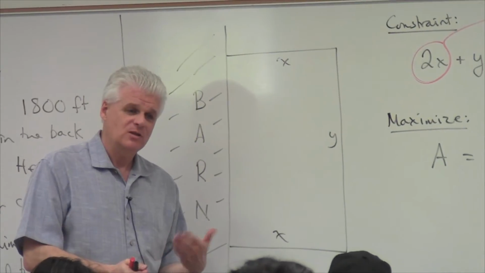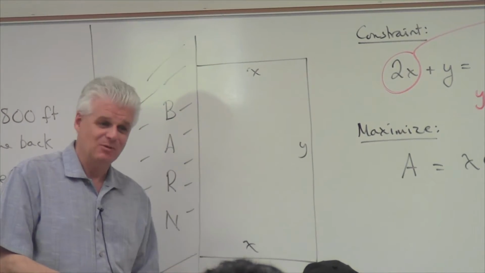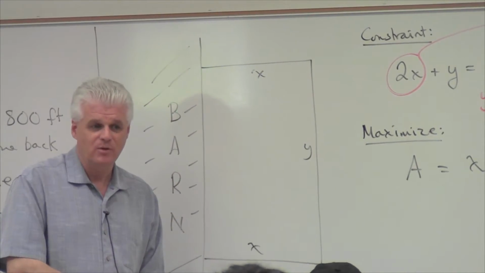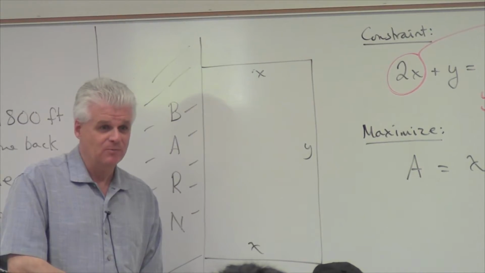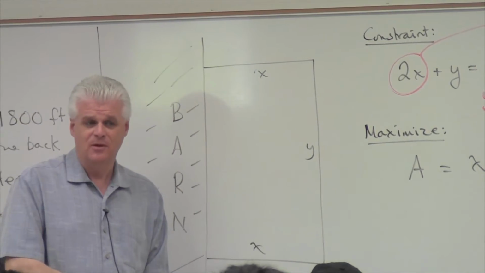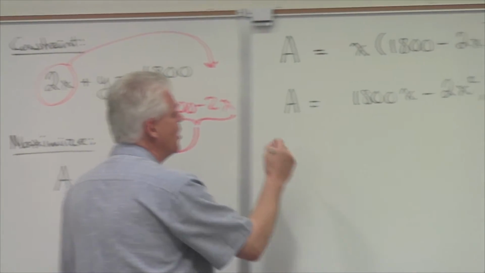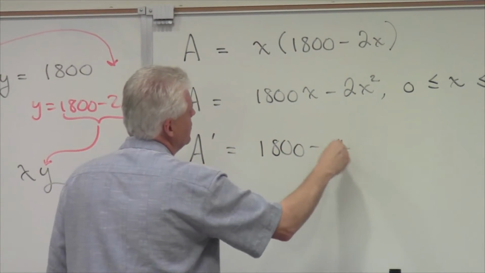Or, alternatively, test it with the other derivative test, the second derivative test, to make sure it's the max we're after. So those are our 3 ways of finishing the job. But all 3 of them require that we know the critical value. So what's the first job? Get the derivative. Okay, let's find the derivative. What's A prime here? 1800 minus 4x, is that right?